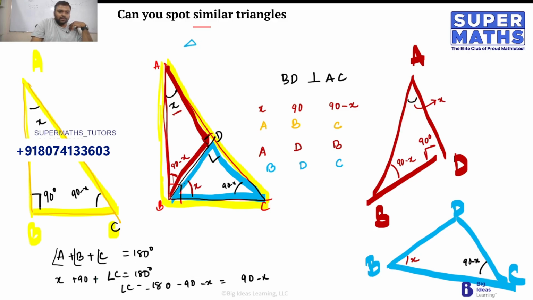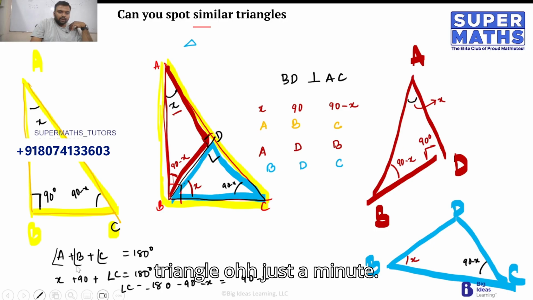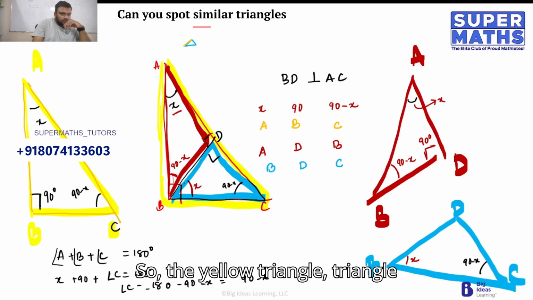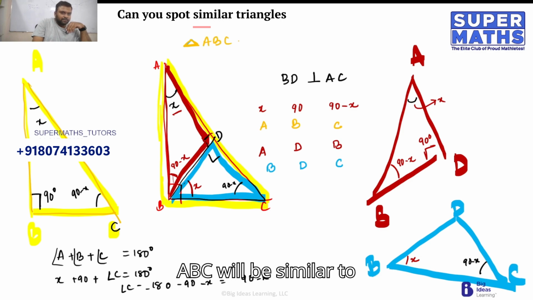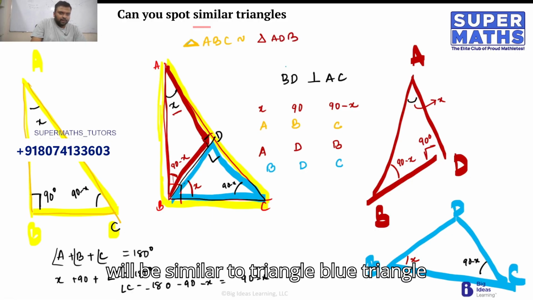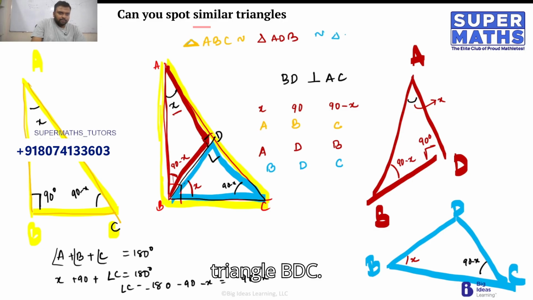Just a minute. So the yellow triangle, triangle ABC, will be similar to the brown triangle, triangle ADB, will be similar to the blue triangle, triangle BDC.